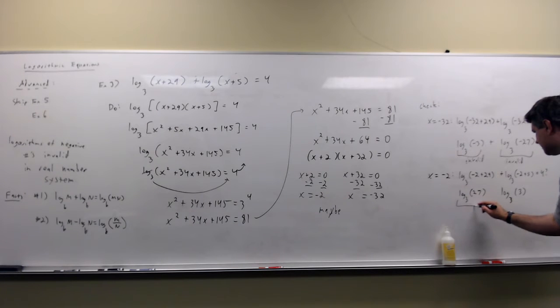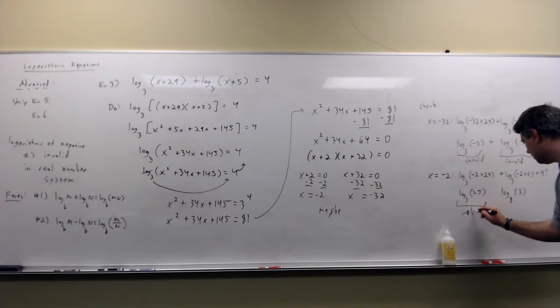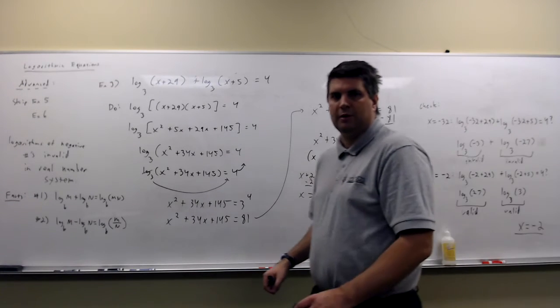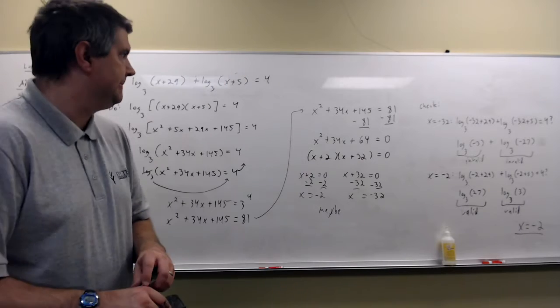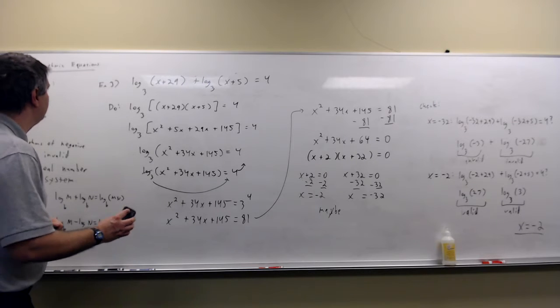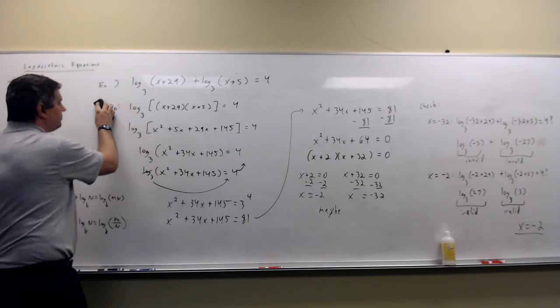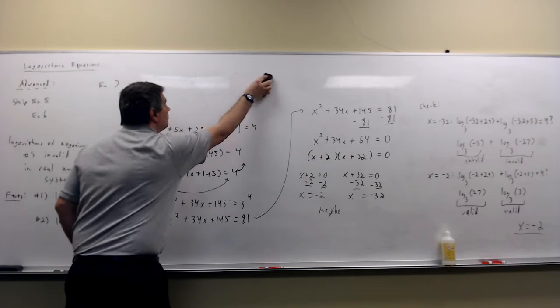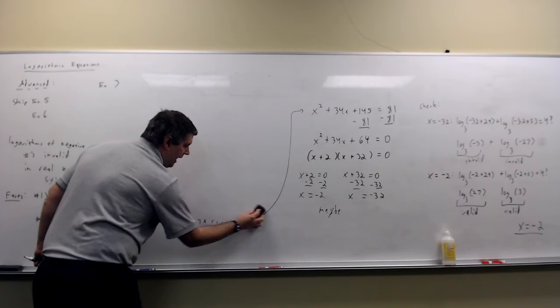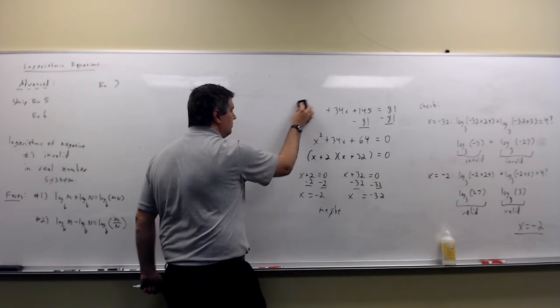This is valid. It's the logarithm of a positive number. This also is valid. So x equals negative 2 is my only solution. I'm going to get this off the board and move on to example 4.